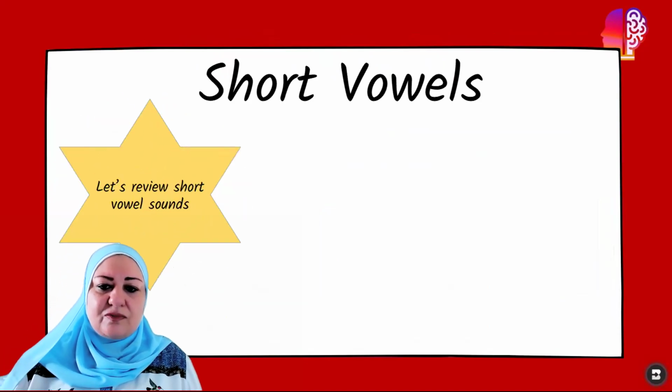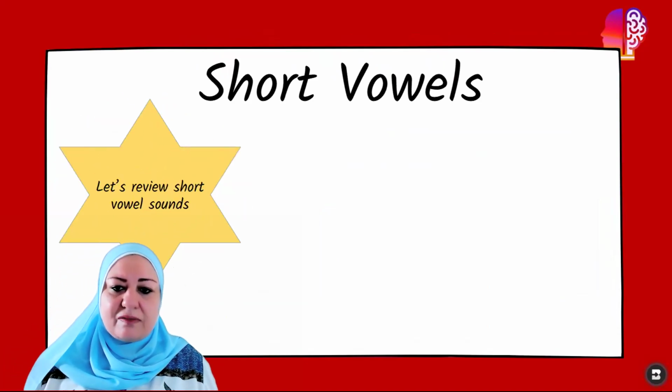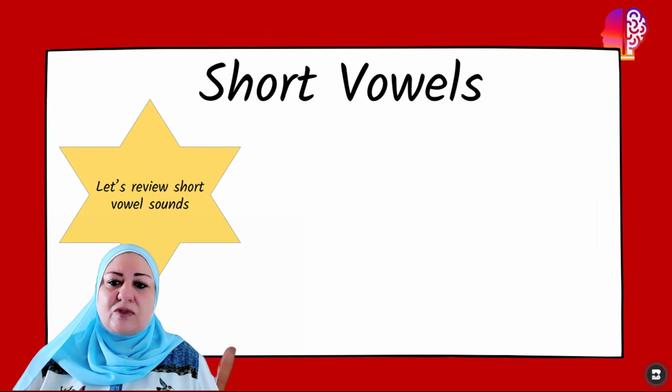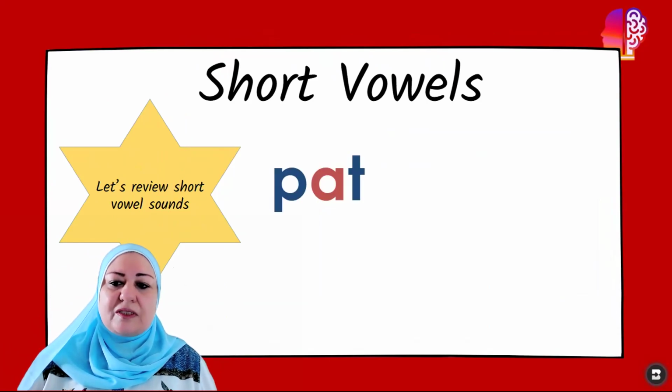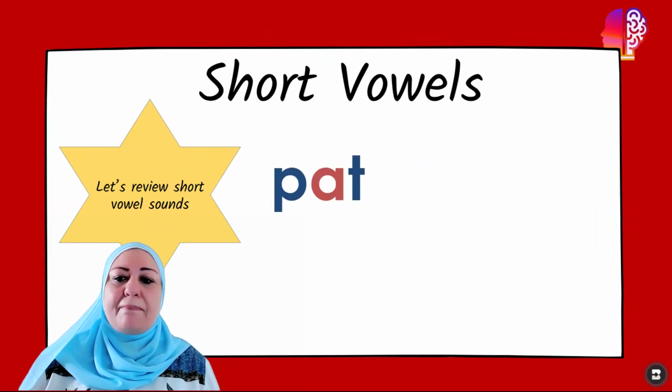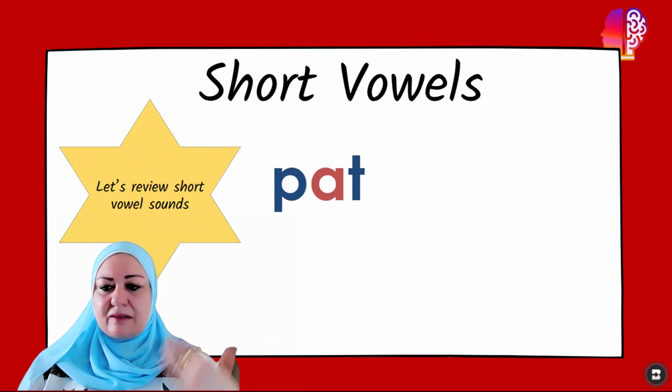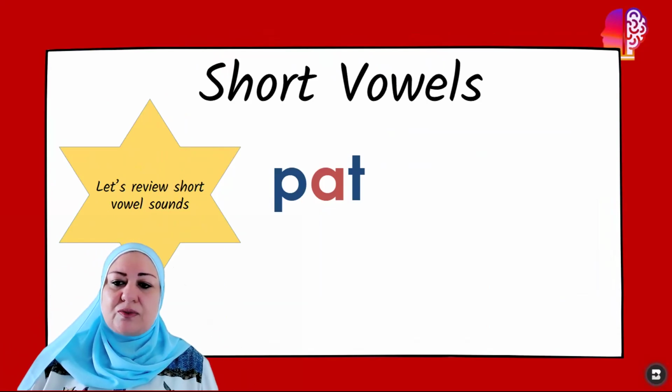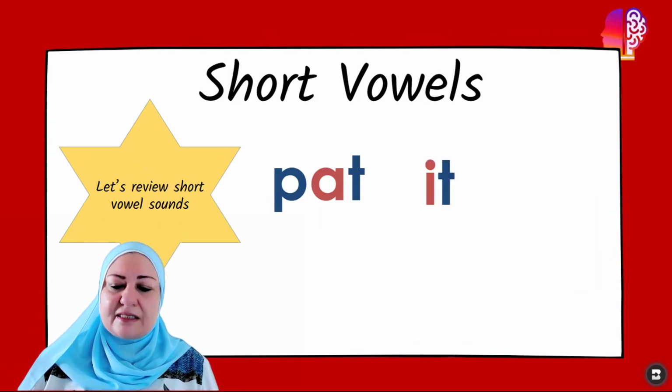Okay, so let's do a very quick review of short vowels. When we hear a word like the word pat, like pat on the back or on the shoulder, you hear that short vowel sound in the word pat. It, as in it.